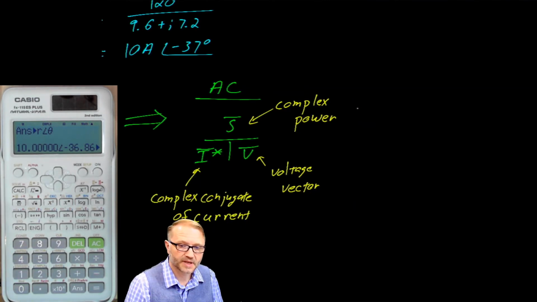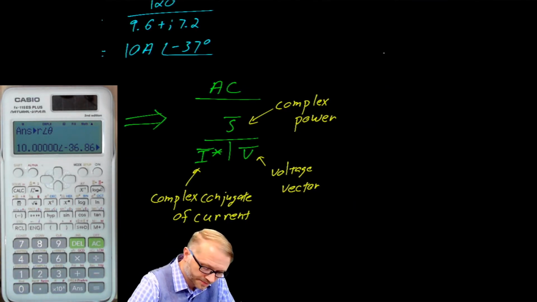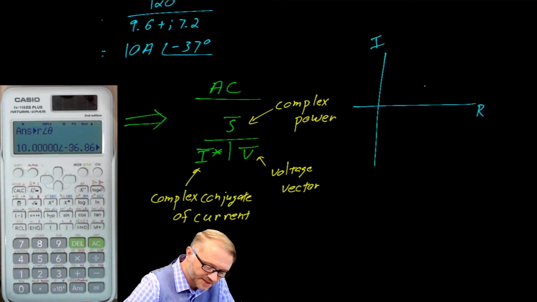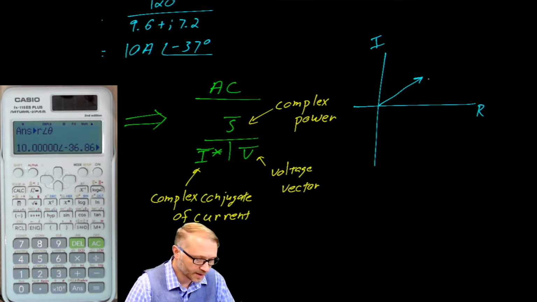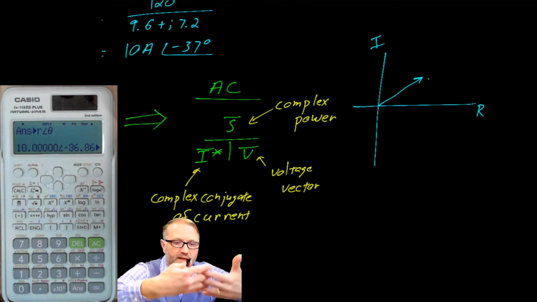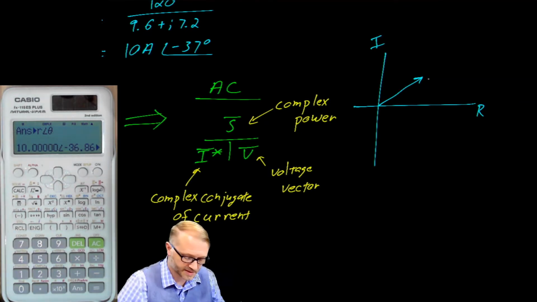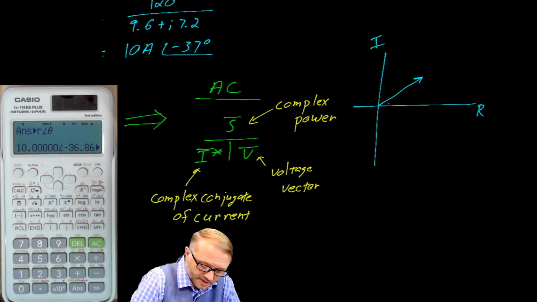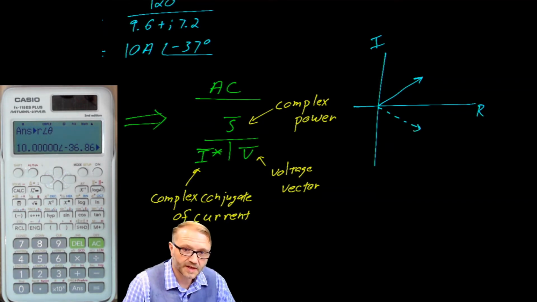And just what do we mean by the word complex conjugate? It goes something like this. If we have a vector in the real imaginary plane, say the vector looks like that, to take the complex conjugate of that is to flip it about the real axis. So that vector becomes this vector. All we've done is flip the sign.